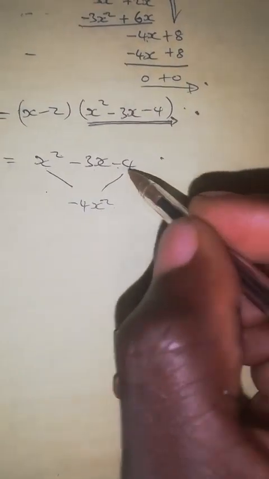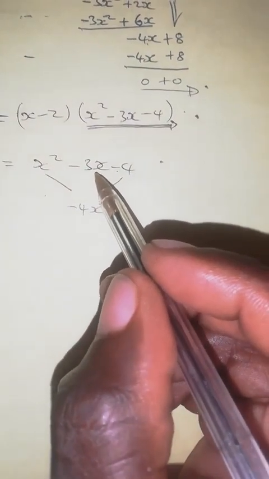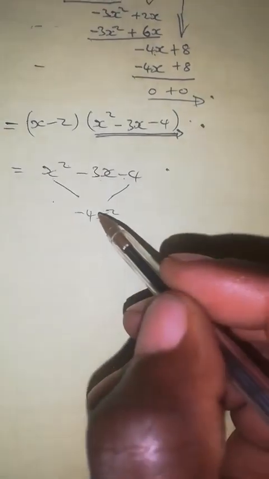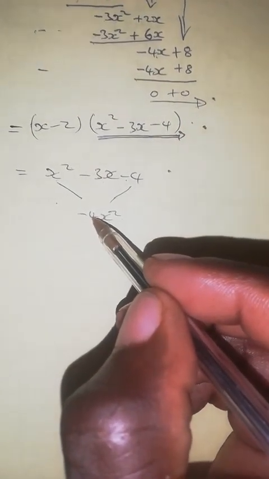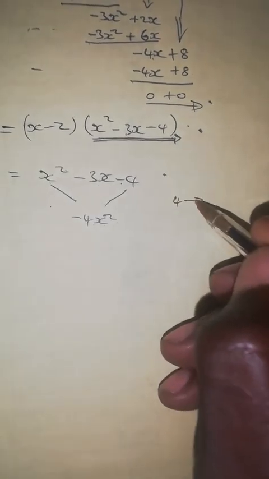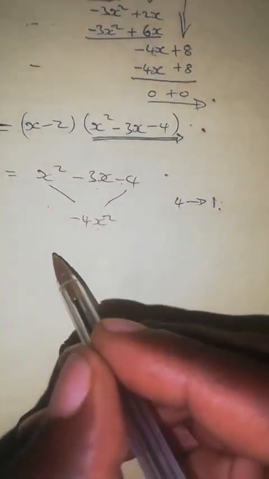Now, those numbers should be 4 and 1. If you add these numbers, you find 3. If you multiply these numbers, it is 4. Don't bother about the signs.